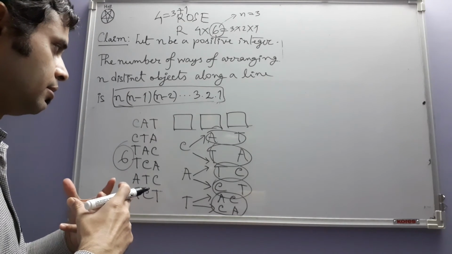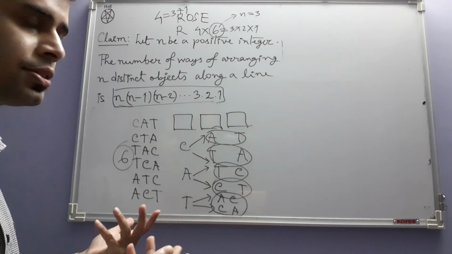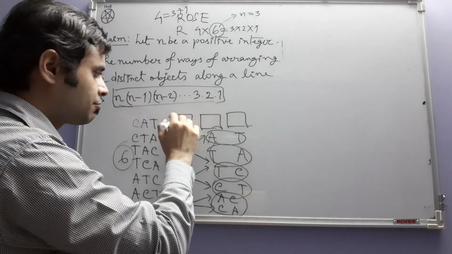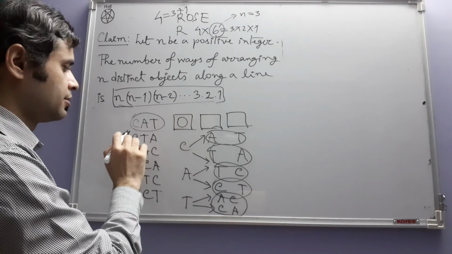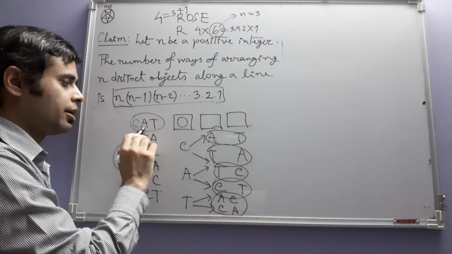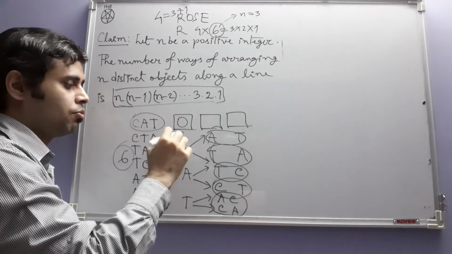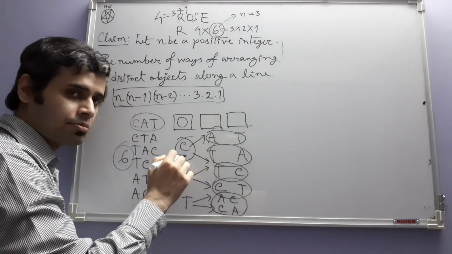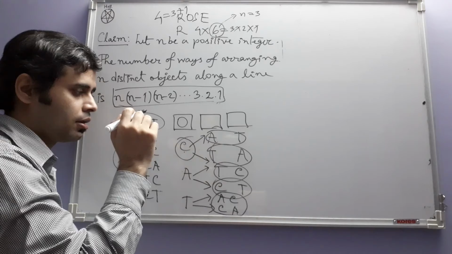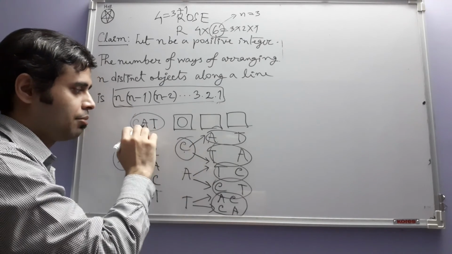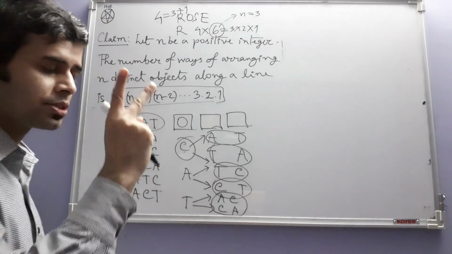So let us look at this in this way. For the first box, I have three possibilities, either C or A or T. Once I have chosen the first box, I am left with two possibilities.